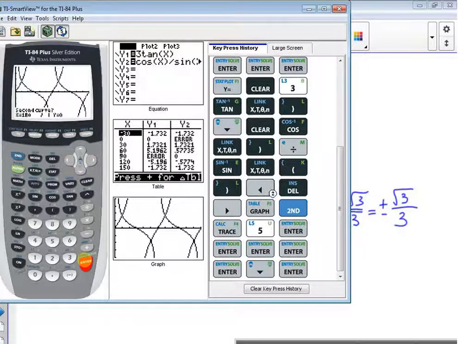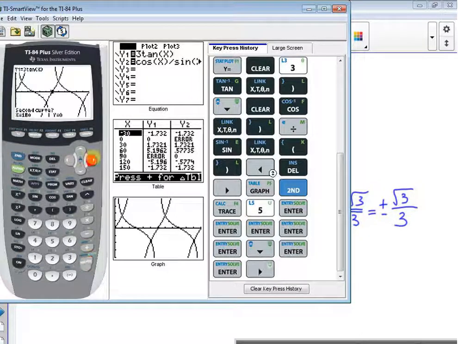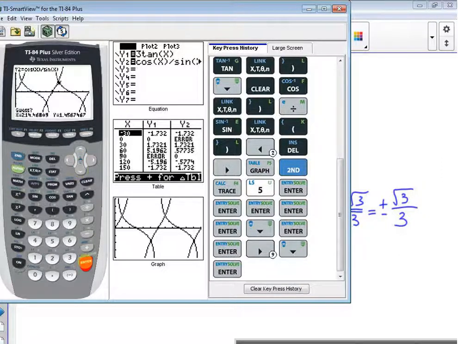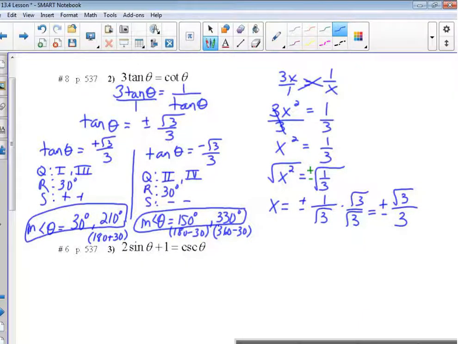Sometimes you have to move it around so you can actually see the cursor. So there was the 210, and if we did the other intersections, we'd get the same answers we have.